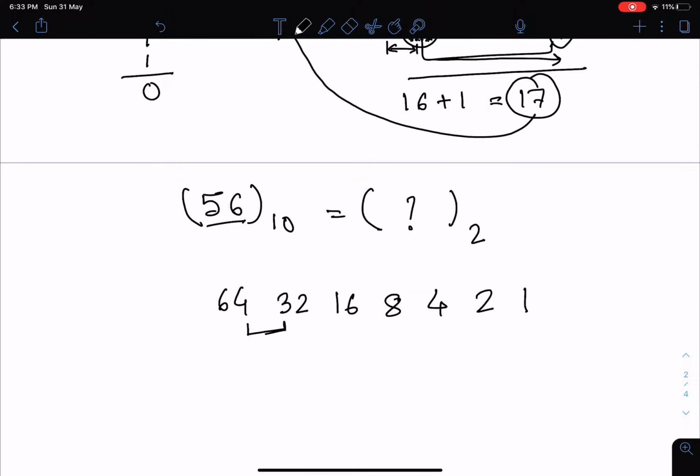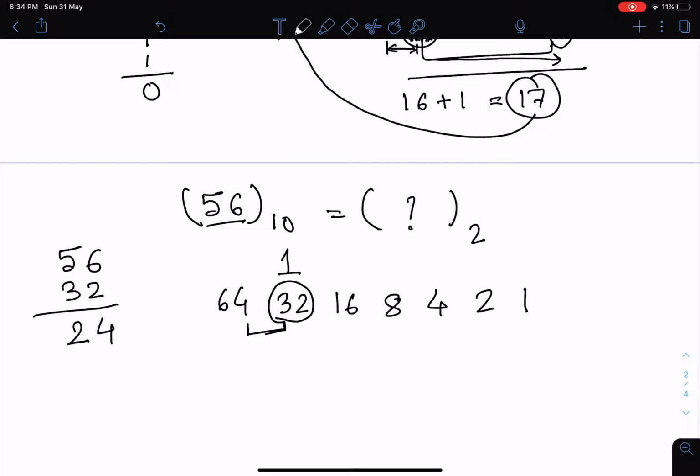The largest number we can subtract from 56 is 32, right? We write the 32 here and subtract: 56 minus 32. So we put 1 there. Now what is remaining? The remainder is 24.